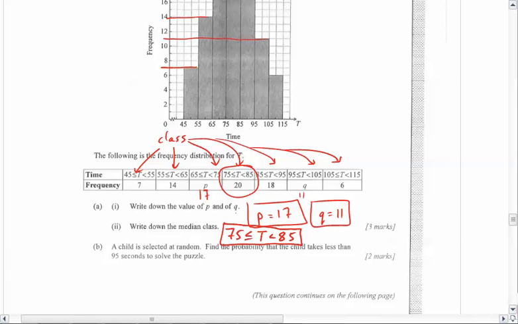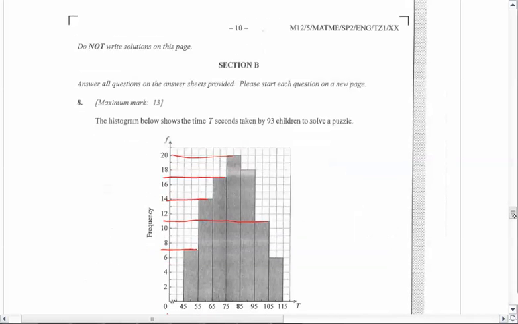The child was selected at random. Find the probability that the child takes less than 95 seconds to solve the puzzle. So that would be all of these kids on this part of the chart. So does it tell us how many children there are all together? We have 93 children.